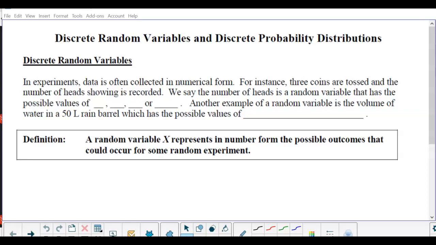So, today we're looking at other types of probability, more specific types. Think about the word discrete. When we learned about that back in Math 10, we learned discrete and continuous when we were talking about relations. Discrete means you can't have part of a value.